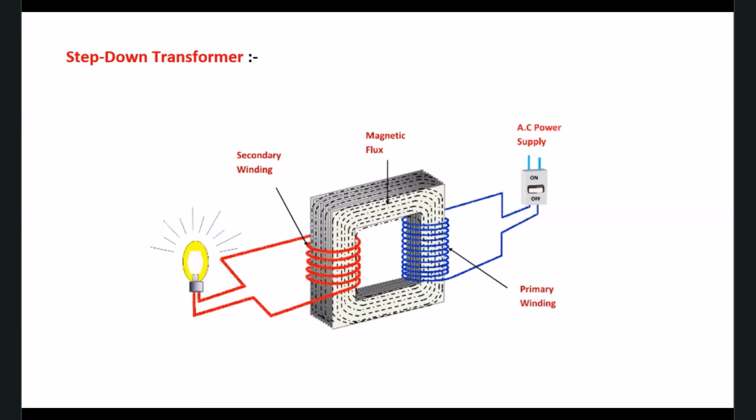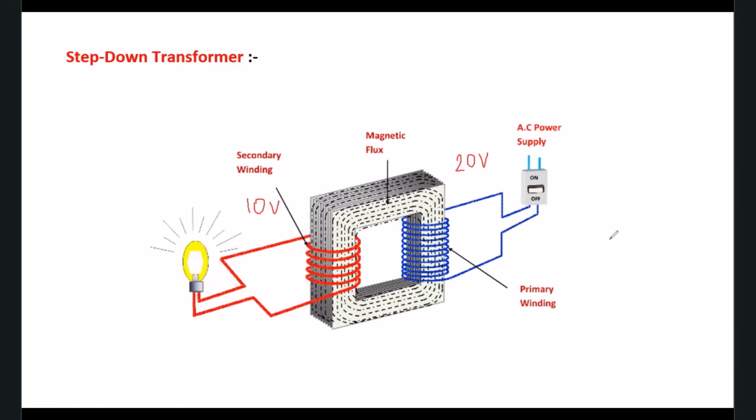In other words, a step down transformer is that type of transformer which reduces the voltage at the secondary terminal. Like here, we may apply 20 volt of power, and here we may get only 10 volt of the power.